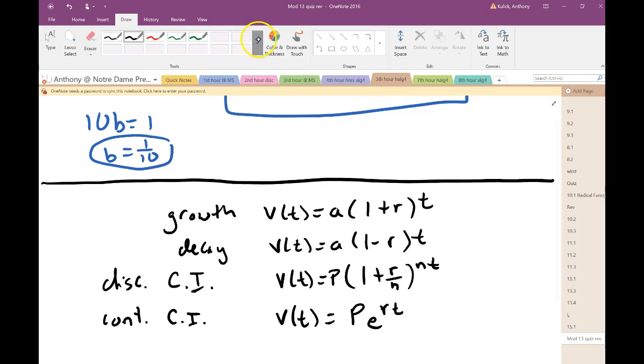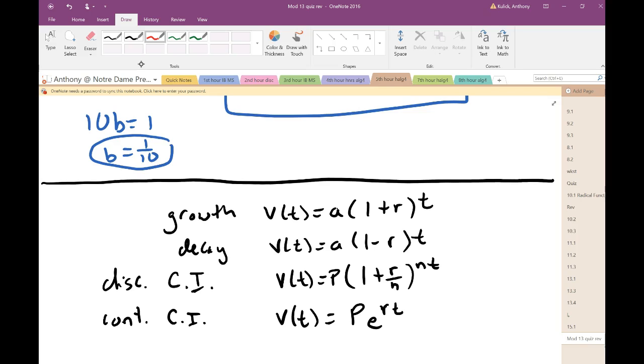So in each of them, what does V of t represent? The value at time t. So V for value. The A's are the initial amount, and the P's would be like the initial investment.